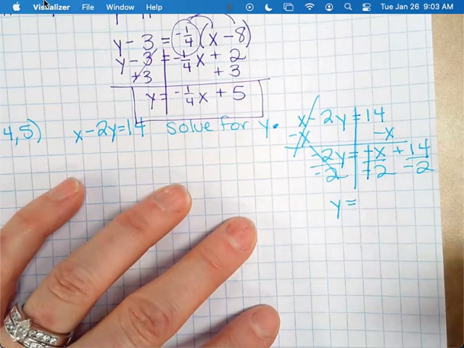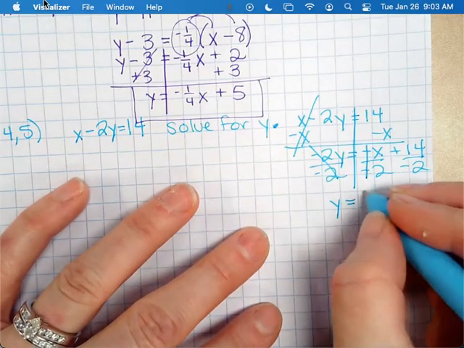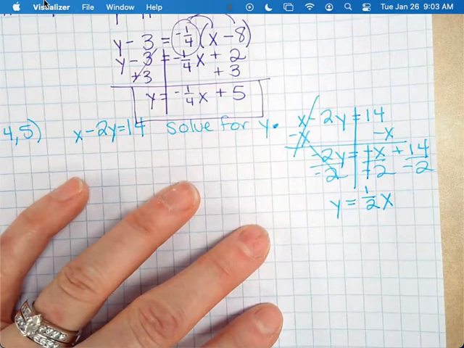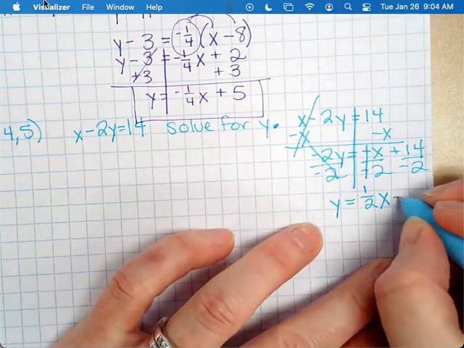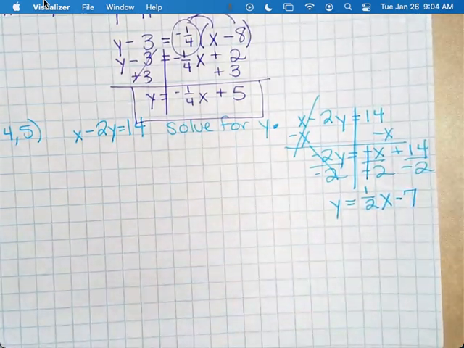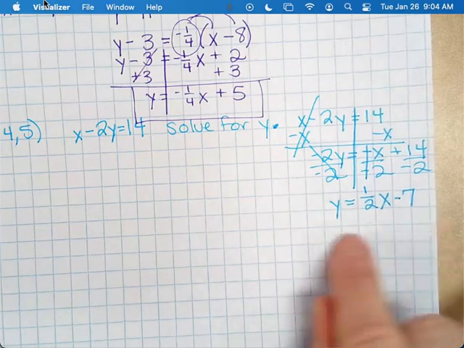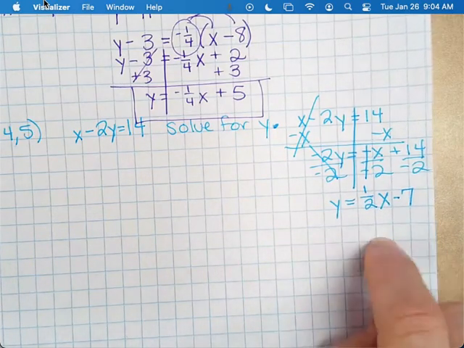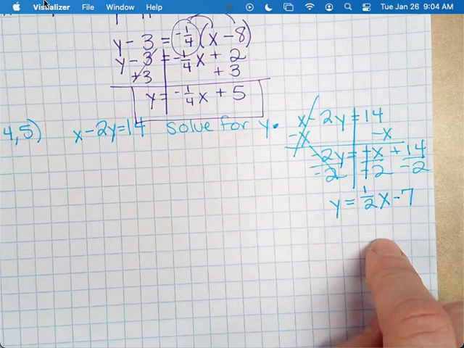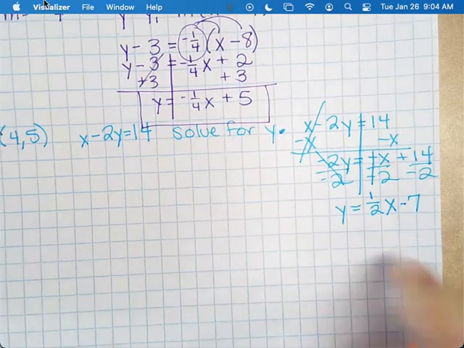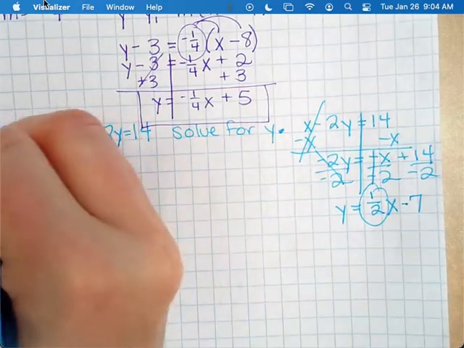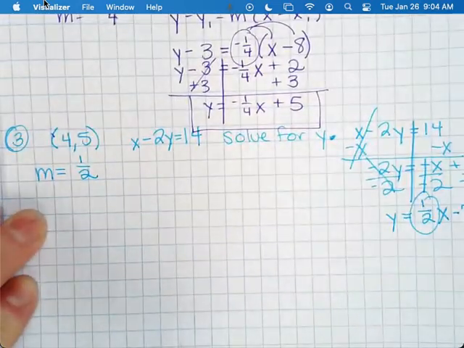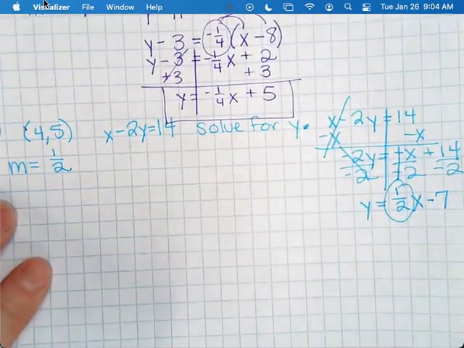What do I put in front of x? 1. So 1 over 2 x. And then what's 14 divided by negative 2? Negative 7. Okay, so this is our given equation. From this given equation, we're looking just for the slope so we can find the new equation. 1/2. Yep. So m equals 1/2. That's all we wanted from this equation, just the slope.